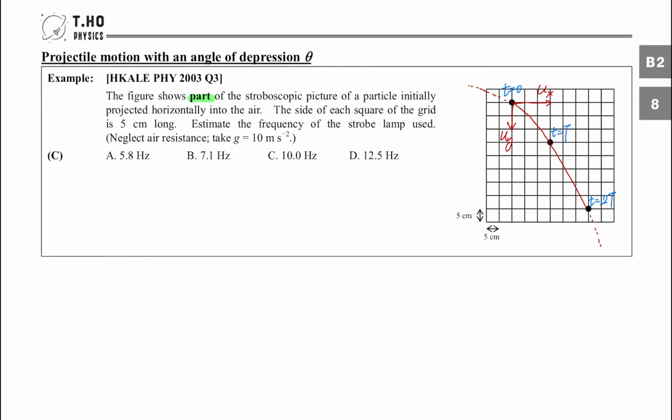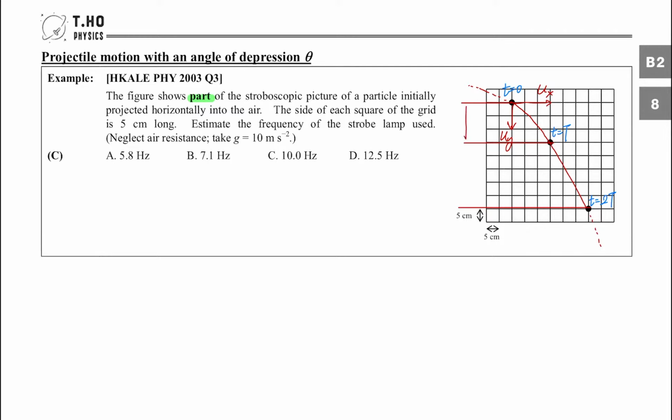Okay, the original position is here, and at t equals 1T, the position is here, and when t equals 2T, the position is here.